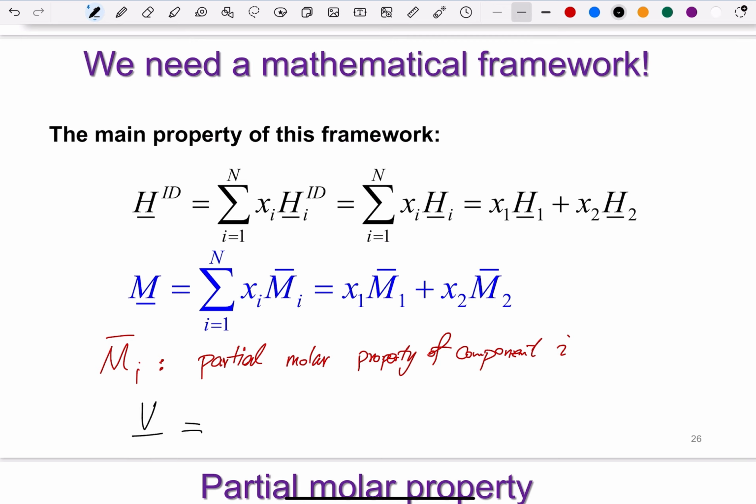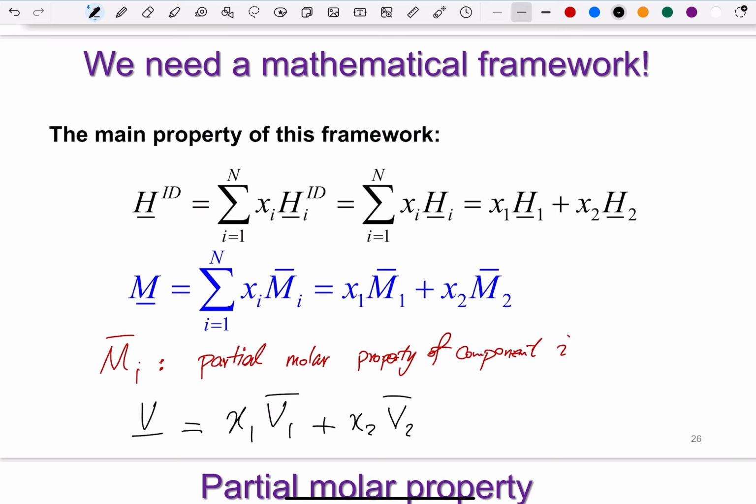I would like to write this volume of mixture like x1 v1 bar plus x2 v2 bar. Unit-wise, it is basically the same as the molar volume that you have, right? So you see that the units should match. I would like to design some property like that.